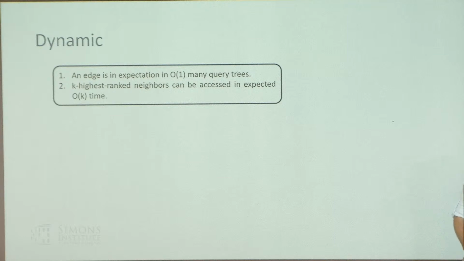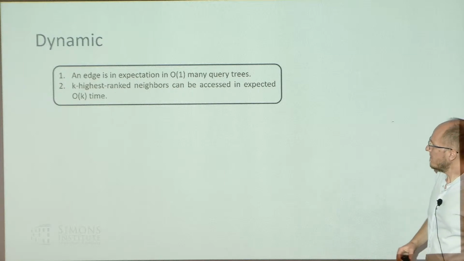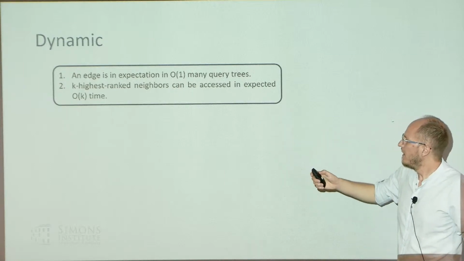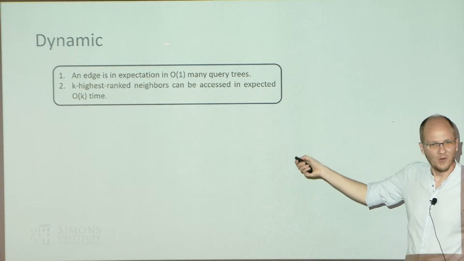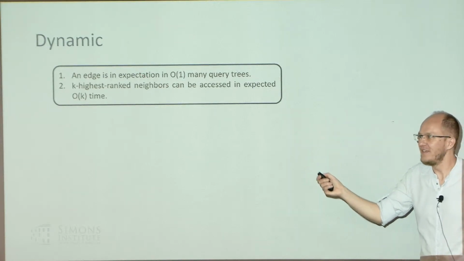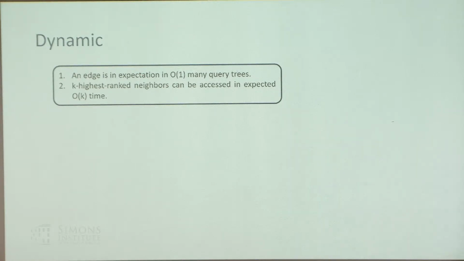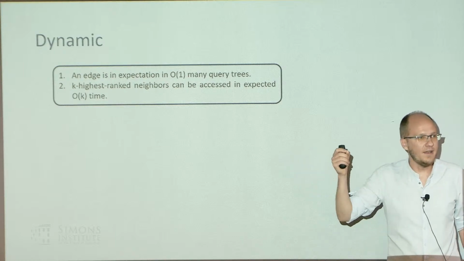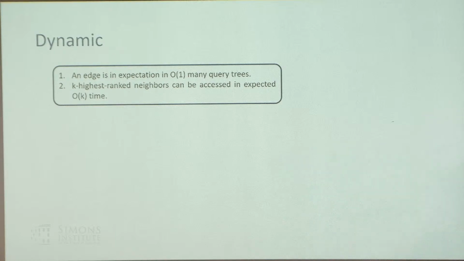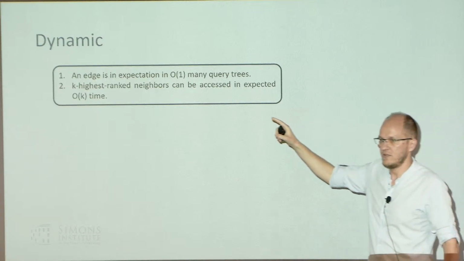For dynamic, it's slightly more involved. Again, not too difficult, at least not the second part. So first of all, we can show, and this I hope to show you, in fact, in the rest of this presentation, that in expectation, one edge is queried a constant number of times, where expectation is taken across all permutations.